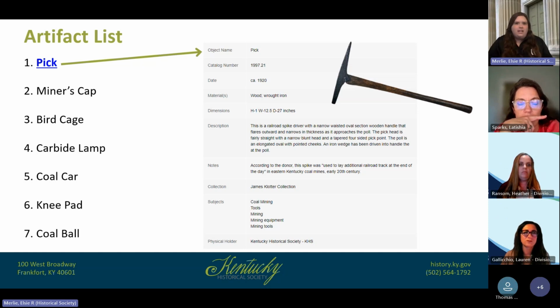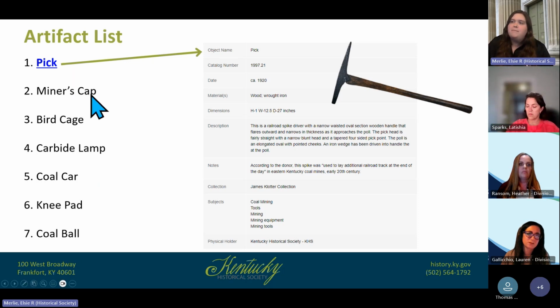You would have pictures blown up of these artifacts, so they can get a closer, better look at them. So we have a pick, a miner's cap, bird cage, a carbide lamp, a coal car, a knee pad, and a coal ball, which is just a lump of coal.